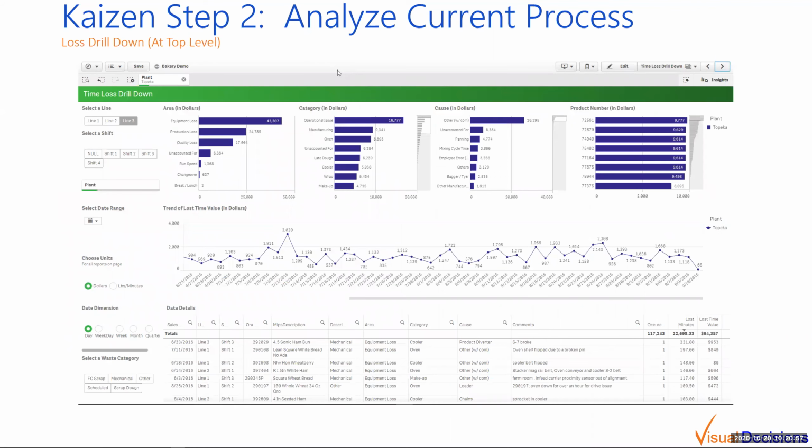As an example of this, working with a bread manufacturer, a baker, we looked across a number of different plants and collected data directly from the shop floor. This was a homegrown system that they were using at the machine level, and they were collecting that information and putting it into a database.